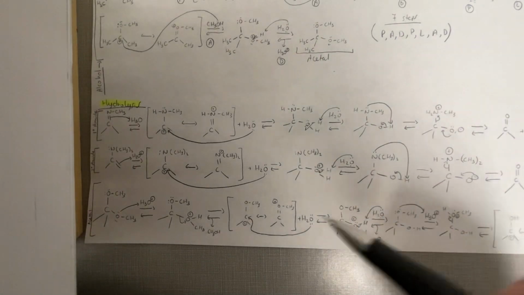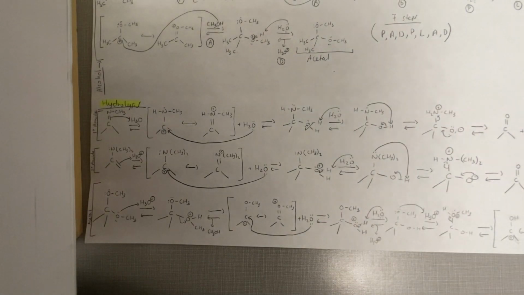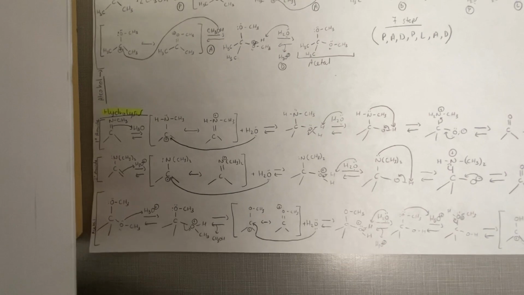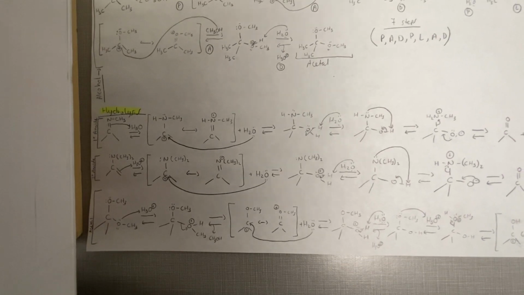Today we'll talk about hydrolysis of primary amide, secondary amide, and acetal. So basically, hydrolysis is the inverse of the synthesis of primary amide, secondary amide, and alcohol.